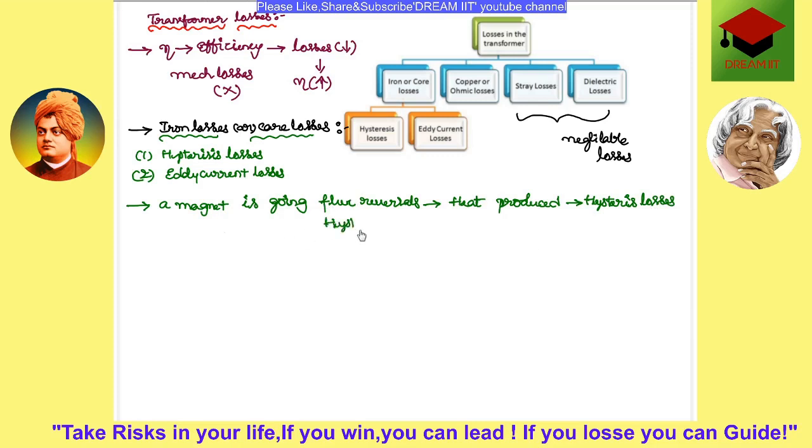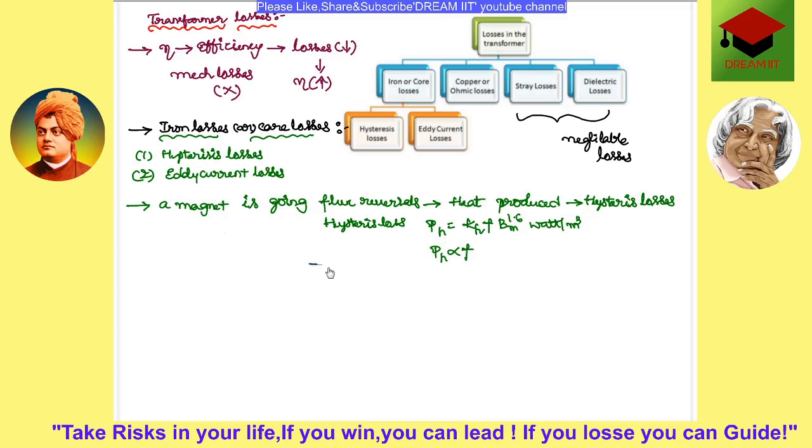The hysteresis loss is normally represented as Ph. Ph is equal to Kh, the hysteresis coefficient constant, times frequency times Bmax to the power of 1.6, in watts per meter cube. If you observe, the hysteresis losses are directly proportional to frequency. How do we reduce these losses?